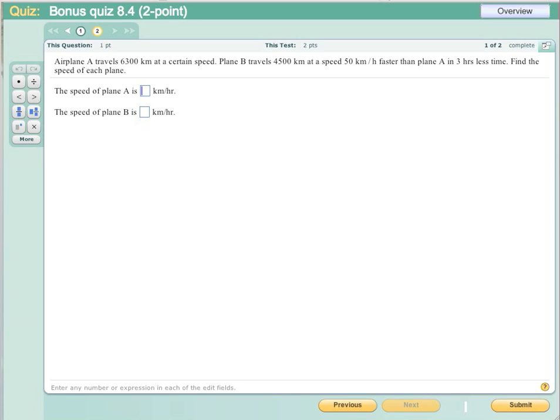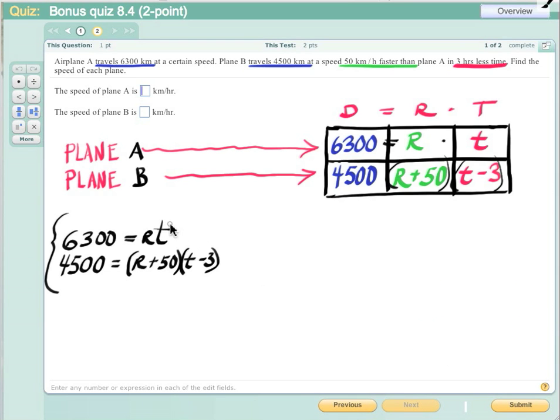for t. And so we still have to find the rates. That's what this original problem asked us to do. We now know that t is equal to 9, and so it's a simple substitution here, and we get 9r is equal to 6,300, and we can divide both sides by 9, and that will bring us right up to the door of the answer.